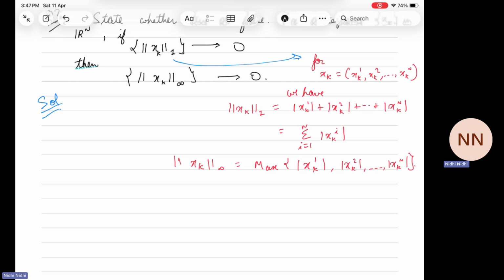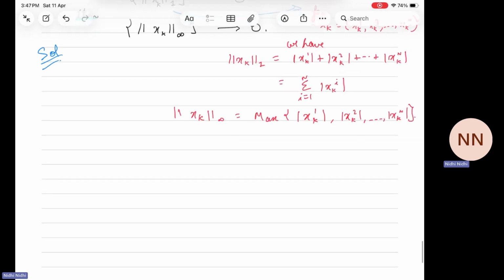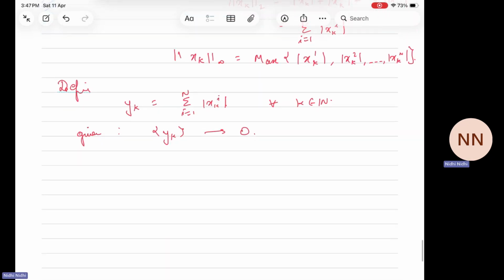So if I define a sequence yk, equal to summation i from 1 to n of mod xki for every k in N, they are given that this sequence yk converges to 0. And we need to check that.